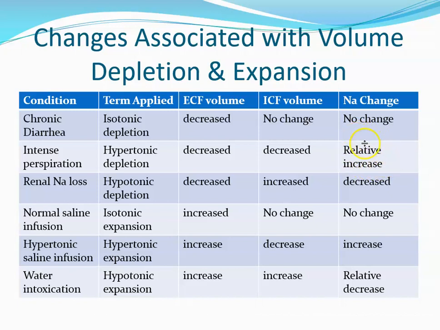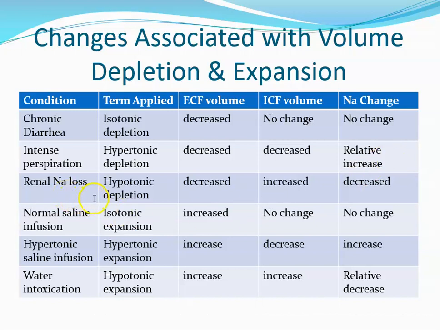Now it appears that there is more sodium outside of our cell. We need to dilute that sodium. Where are we going to get the water? We get it from the cell. So water will leave the cell. This will cause a decrease in the ICF volume. Water leaves the cell, goes into the ECF, to try and decrease the relative sodium concentration.